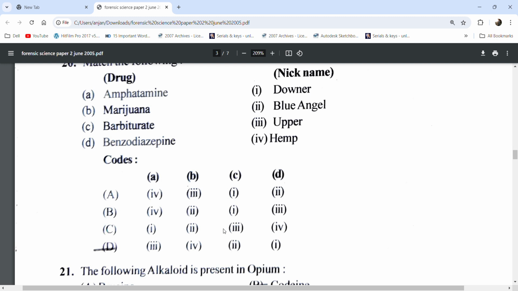Sorry: amphetamine third, upper; marijuana fourth, hemp; barbiturate second, blue angel; benzodiazepine first, downer.